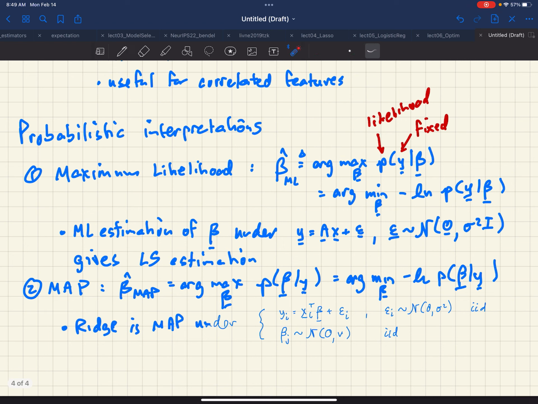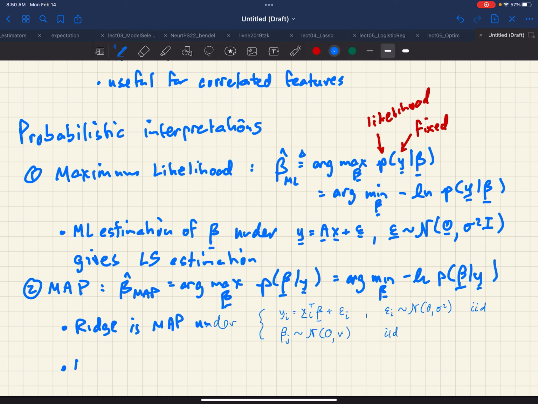So again, this is the same model we used here, stated in a slightly different way. And this is new: if we assume that before we measure any y's, any data, we know our parameters are Gaussian, 0 mean and a certain variance, then we do this MAP estimation, out comes the ridge solution.